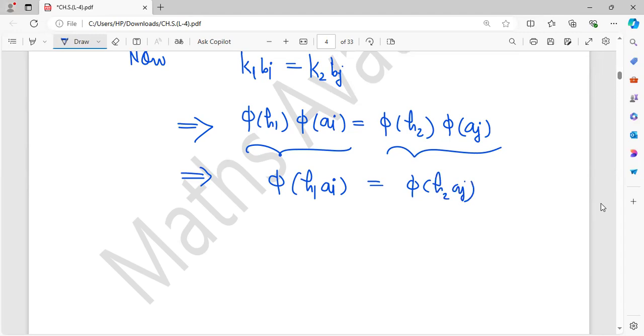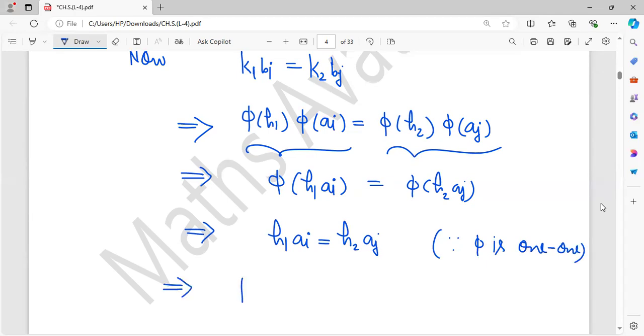But phi is one-one, so this implies H1 A_i is equal to H2 A_j, because phi is one-one.